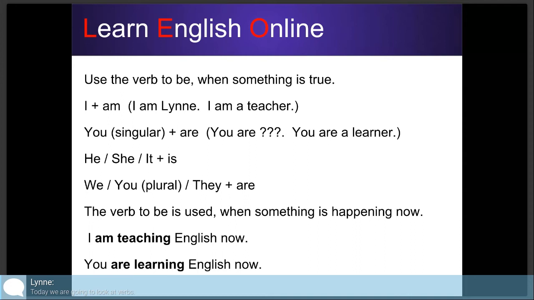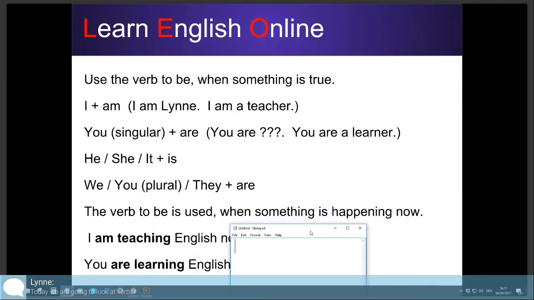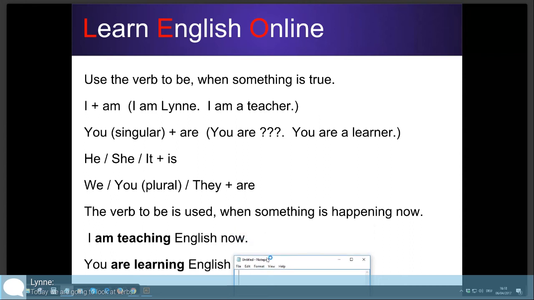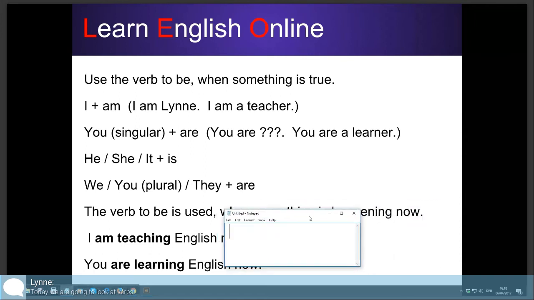You're learning English. You're learning. When are you learning? Now. So you don't need now there. You're learning English. Are and learning means now. I'm teaching English. Okay, I'm teaching English now.